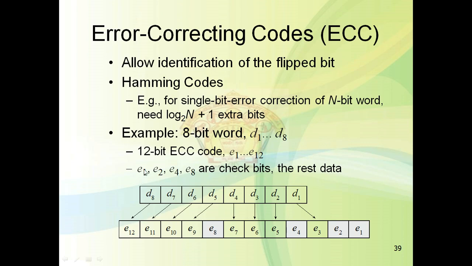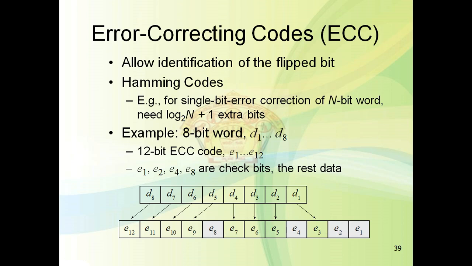Data bits are 8 bits and check bits are 4, so the total number of bits in the ECC will be 12.